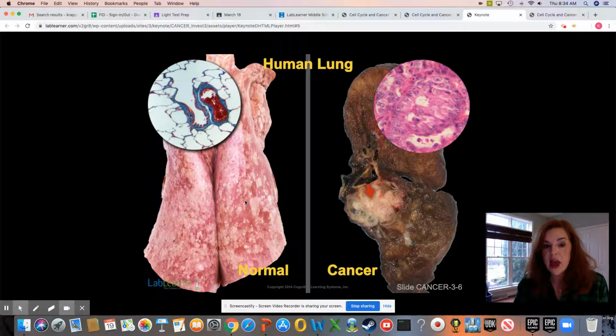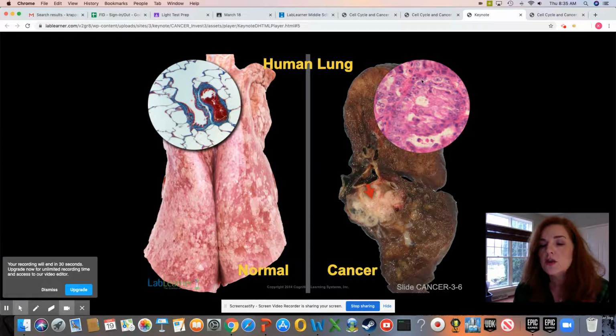You can see how here, this would be a lot more elastic, okay? You can get that air in and out. You could just imagine here how difficult it is for the oxygen and carbon dioxide to come back and forth through these tissues, okay? So look again at the cell. It's not very organized.